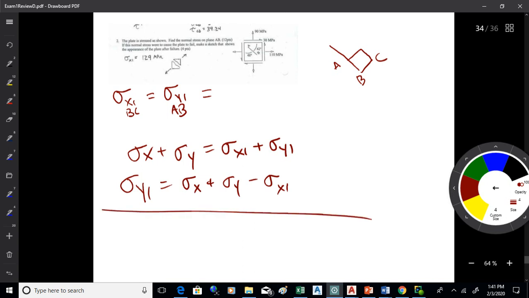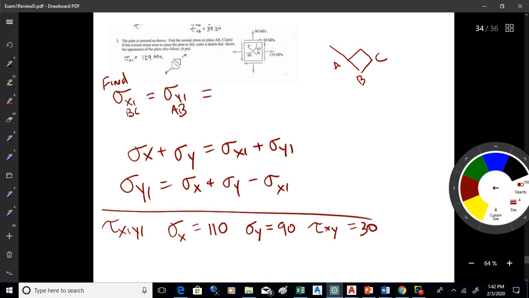Okay. Now, how about if you want to find tau x1y1? What you know is that sigma x is 110, you've already written this down, right? Sigma y is 90, and tau xy is 30.